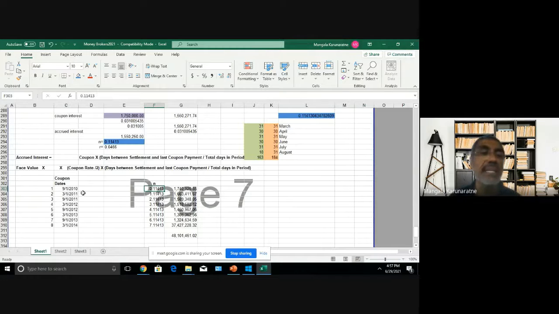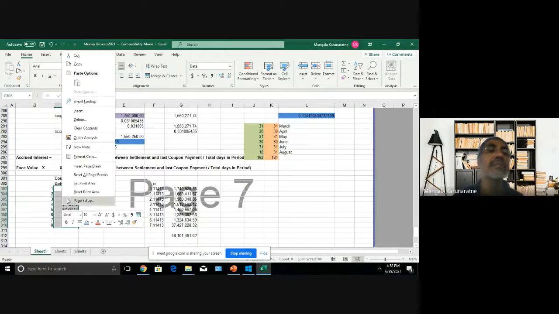So we have to bring it and apply it in this formula and get the present values. So I have done this. Now here the date format has changed, so shall we try to change it?